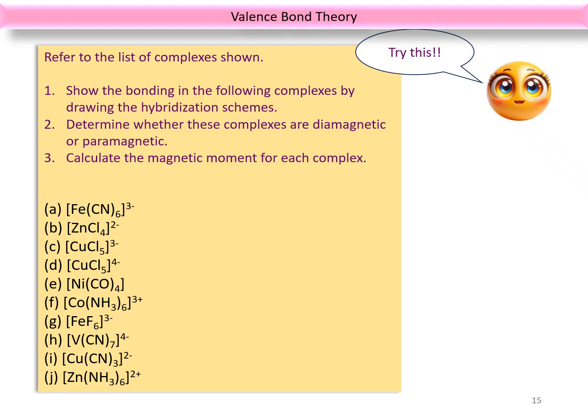There are lists of compounds A until J, with different kinds of ligands, from strong and weak field ligands, and different oxidation states of metal. Please try this and see me if you need help.